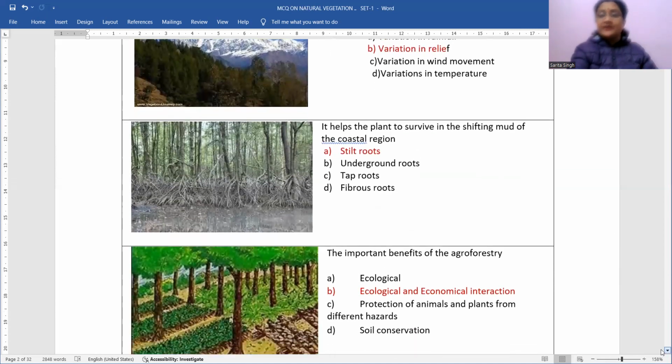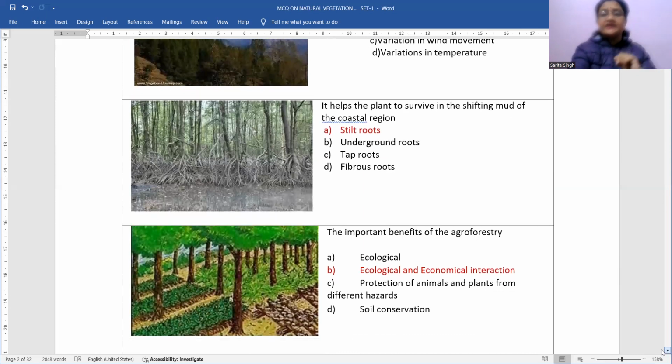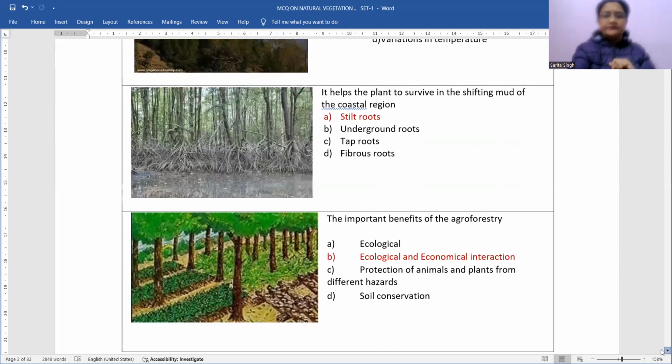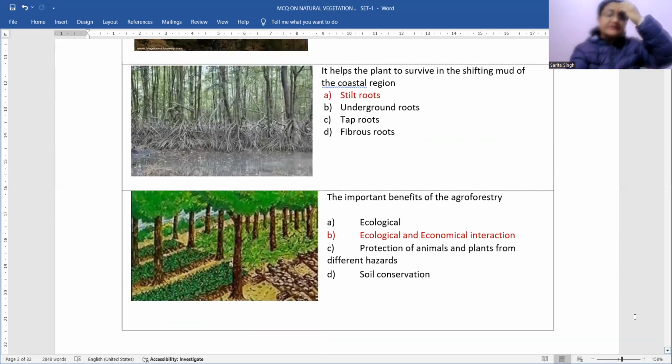Next is it helps the plants to survive in the shifting mud of the coastal region. Right? अब इसमें आपका आंसर क्या हो सकता है? Because we are talking about the tidal forest. Okay. अब इसमें सबसे सही आंसर यहाँ पर होगा stilt roots. Right? Stilt roots क्या होते हैं?